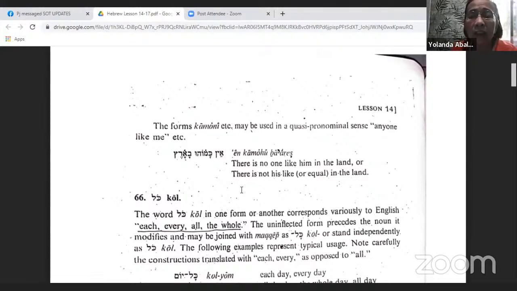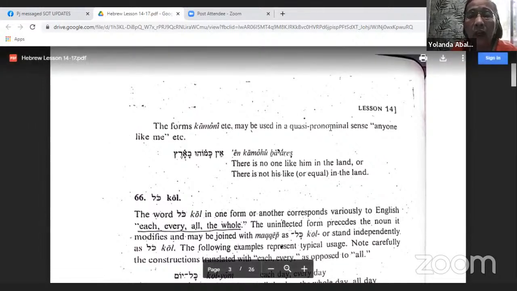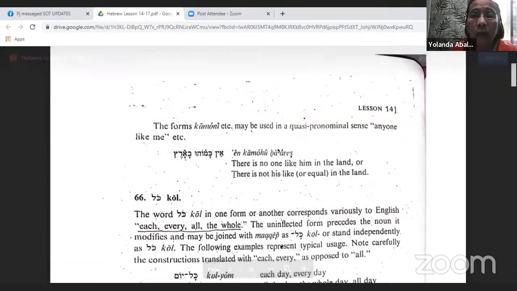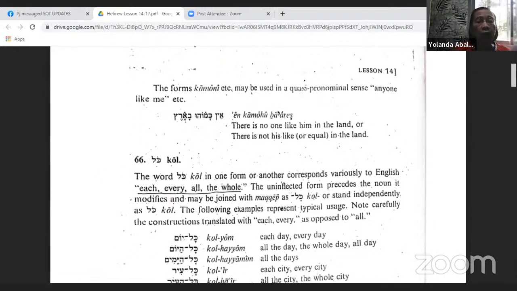There is not like equal in the land. Nakita nyo kasi, anyone like me ang kamoni. So, yung kamoho, there is not like him. No one is like him in the land. Yan. Ka.